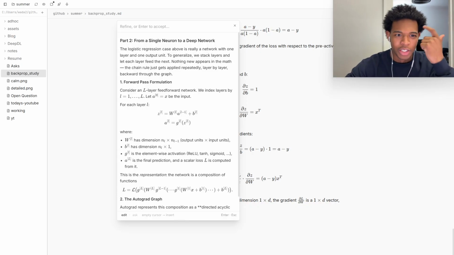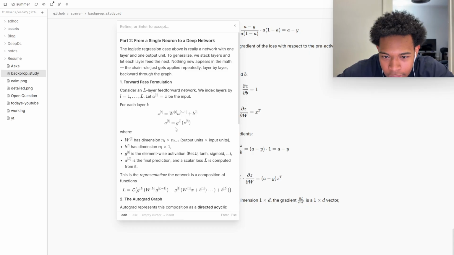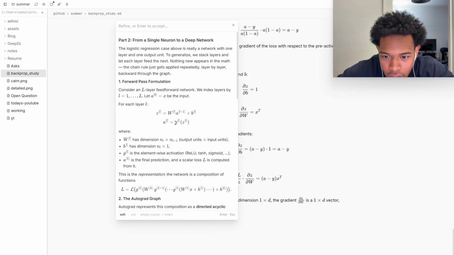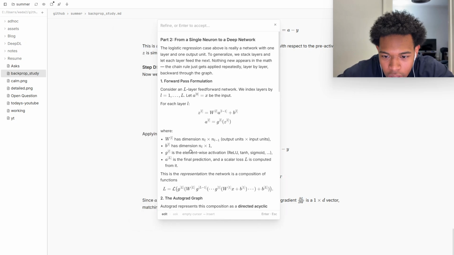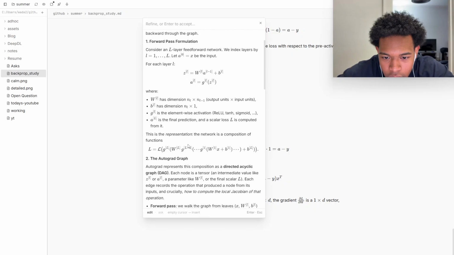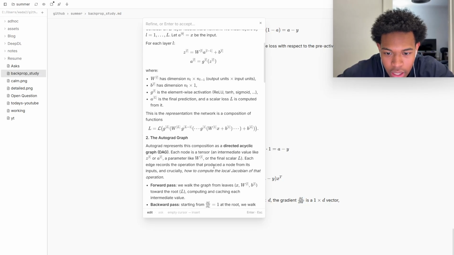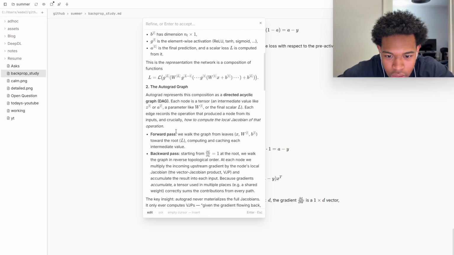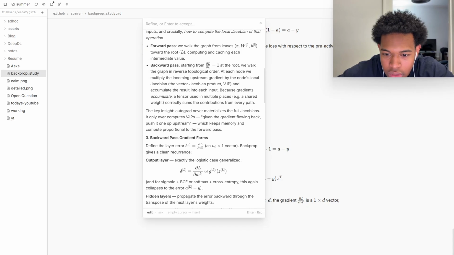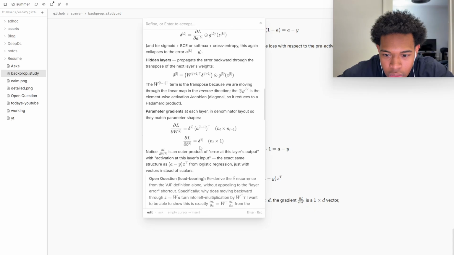Oh, this guy's thought through every feature for Vault Chat. Oh, this is by layer. G is just going to be your nonlinear activation function. Is it an element-wise activation function? Okay, cool. This representation is like L of G of W. Yeah, classical. That's exactly what I expect. Autograd graph. That's not enough detail though. Backward pass, still no good for me.